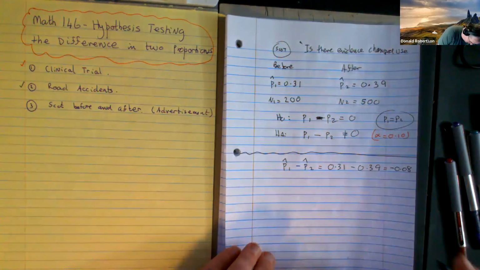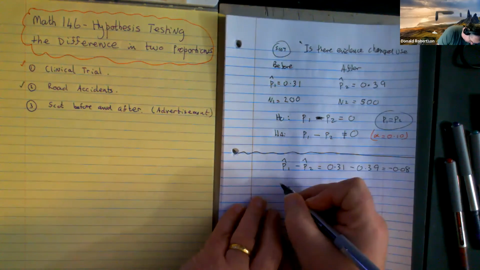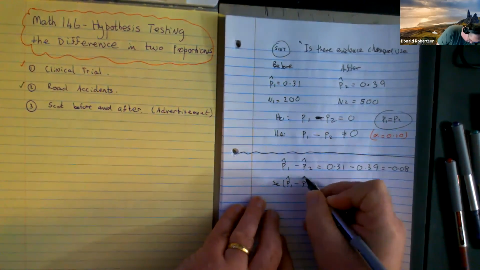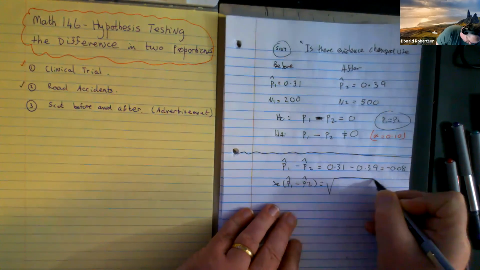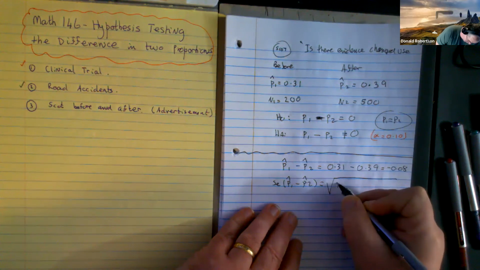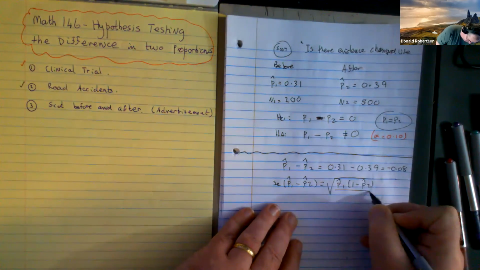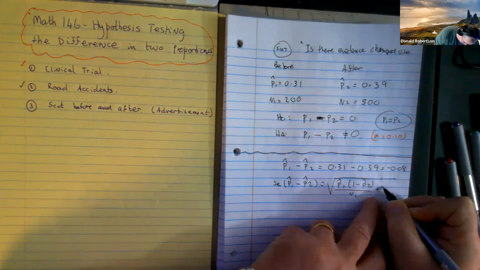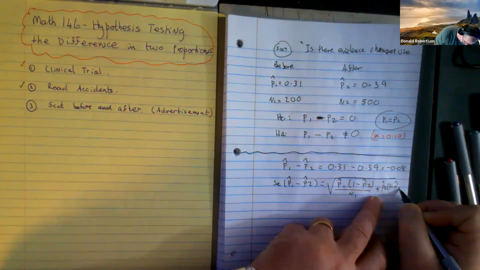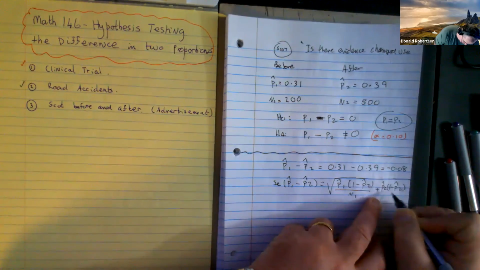So standard error is the square root of P1 hat (1 take away P1 hat) over N1, plus P2 hat (1 take away P2 hat) over N2.